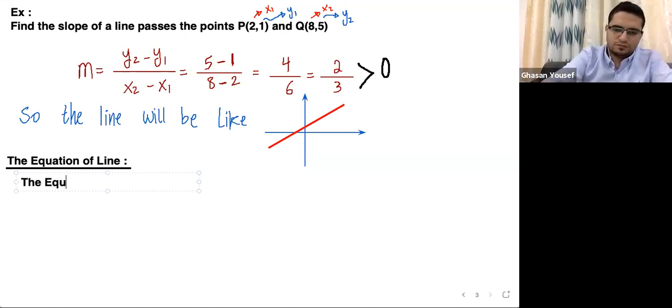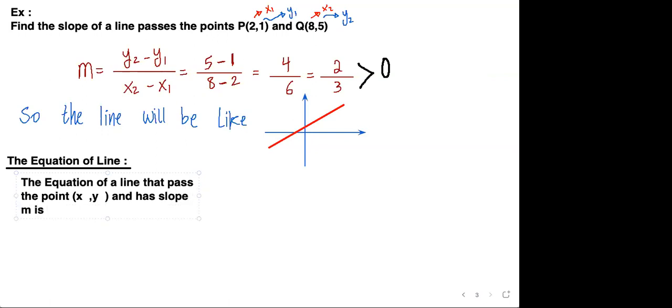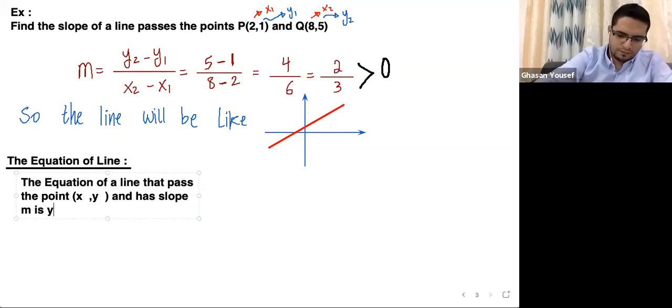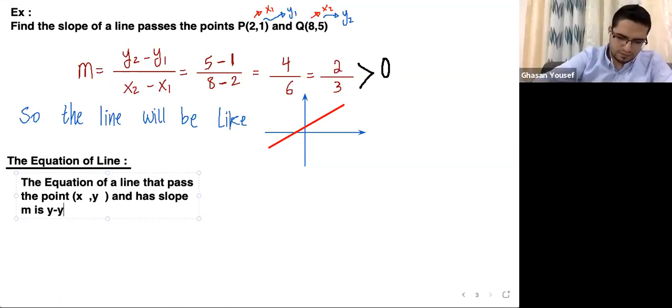So the equation of a line that passes the point x1, y1 and has slope m is y minus y1 equal the slope m times x minus x1.